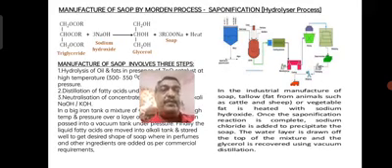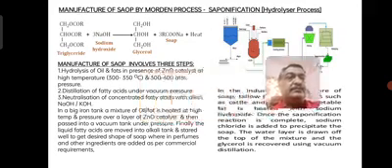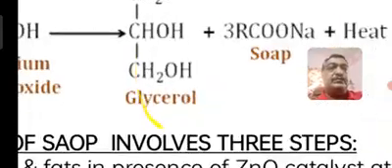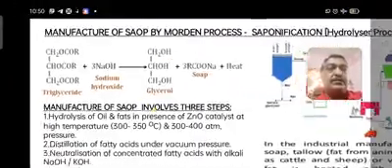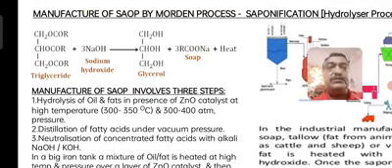Now today the main thing is the manufacture of soap by the modern process of saponification. It is also called the hydrolyzer method. I have given a simple equation here. If you look at this particular equation, CH2OCOR, CHOCOR, CH2OCOR is a triglyceride ester.